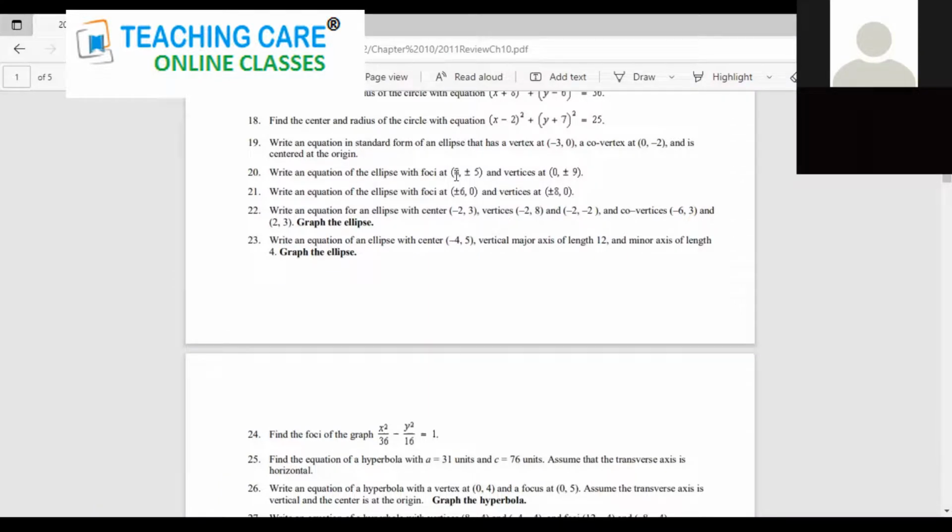Foci is given to you. The vertices also, that value is given to you. Just find and tell me the things. That's all. A and B are given, and also the foci is given. You just need to frame the equation.